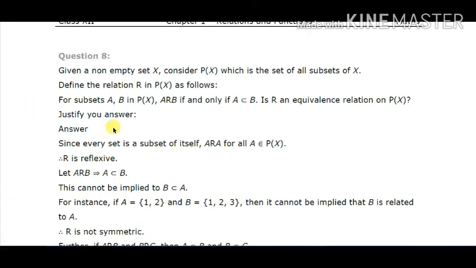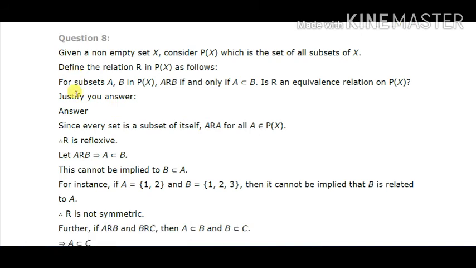Let us take another question. Question 8. It is a good question. Given a non-empty set X, consider P(X), which is the set of all subsets of X. Define the relation R in P(X) as follows: A is related to B if and only if A is a subset of B, and A, B belong to P(X).